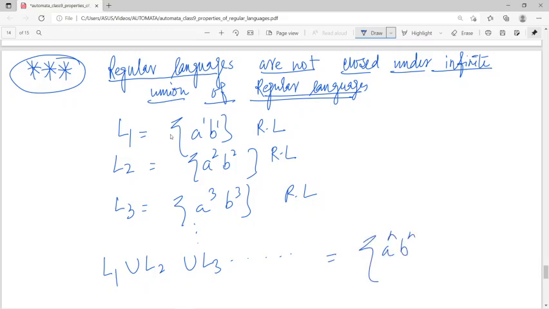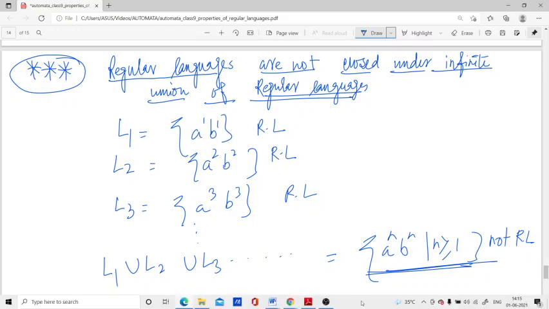You will get A to the power n B to the power n, and that is not a regular language, as you already know. So if we take regular languages and take the infinite union of them, then it is not closed.